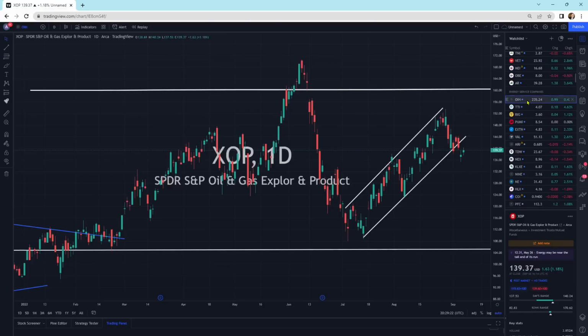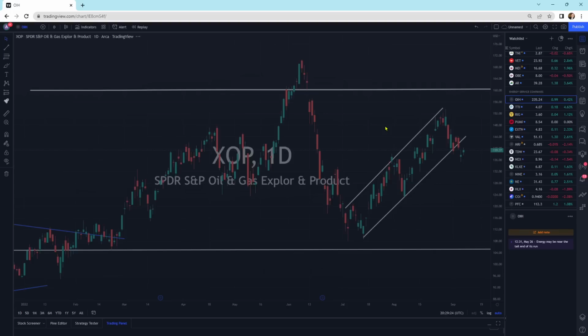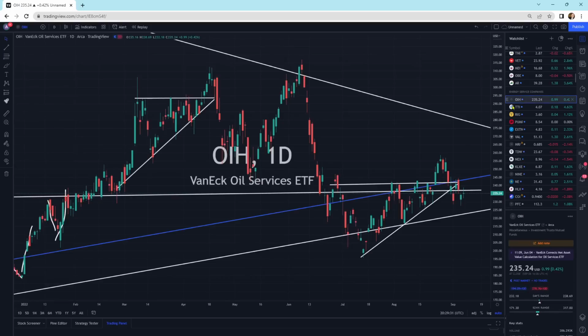Looking at OIH, which is the energy service companies, popping those up there. OIH, yeah, it's right below this support resistance line. I think we'll get support here. We may have a little bit more time that we chill out in this general vicinity, and then I think we'll work our way higher.